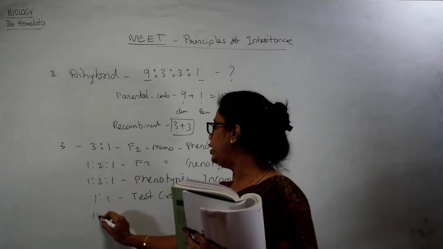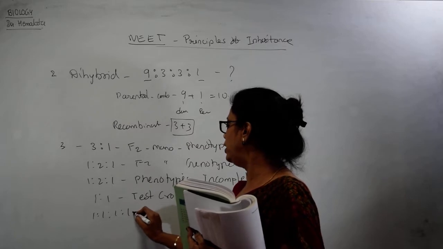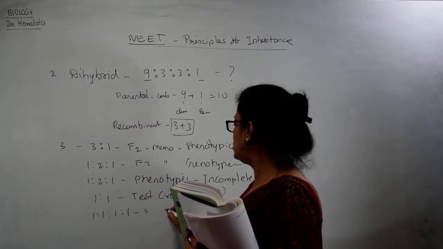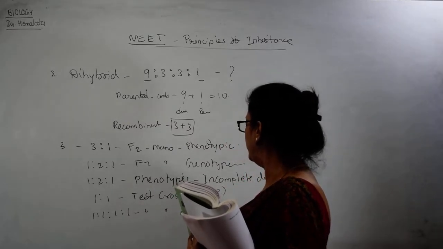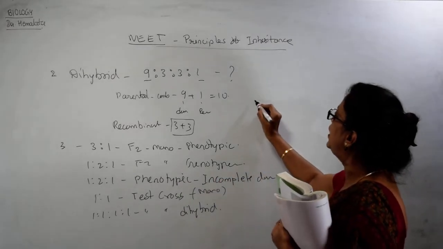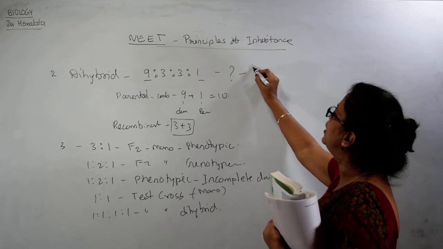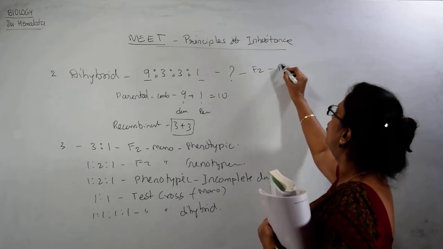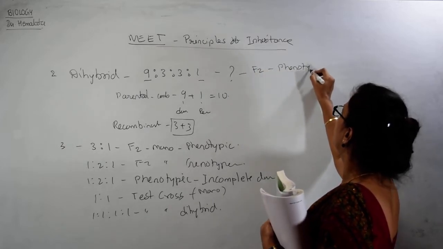If you get 1:1:1:1, this is the test cross ratio for a dihybrid. This is how you have to remember. Then what else have you learned? 9:3:3:1 is the F2 dihybrid phenotypic ratio.